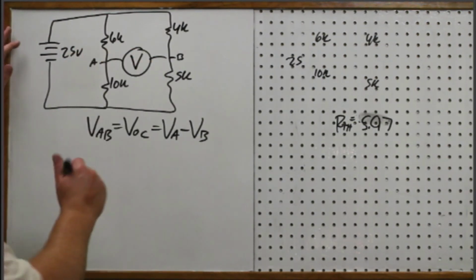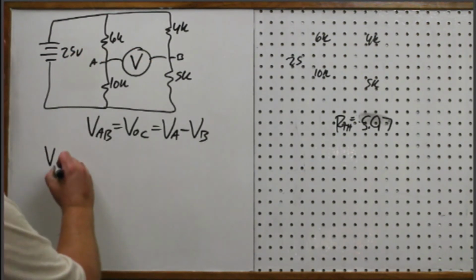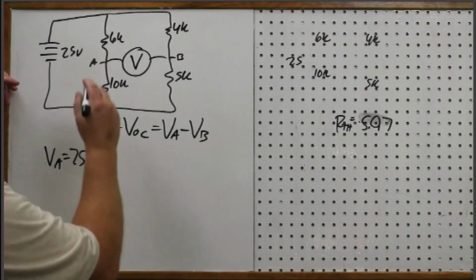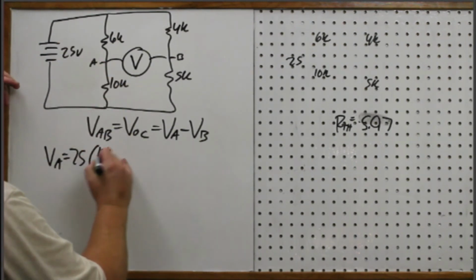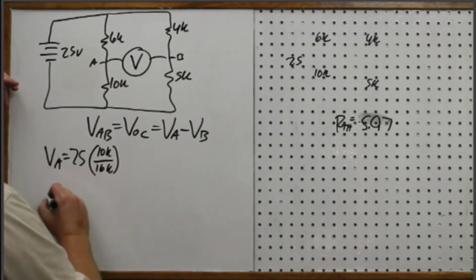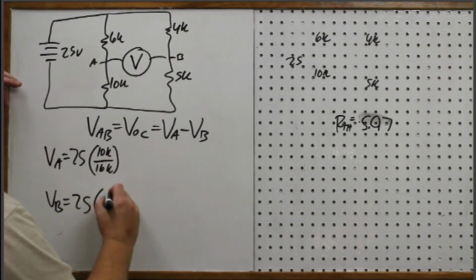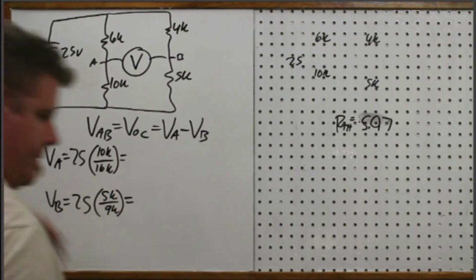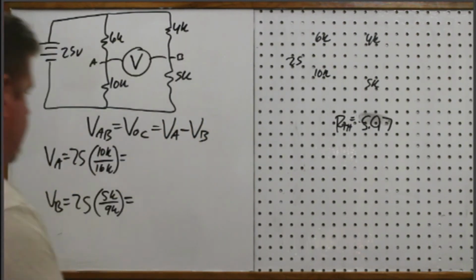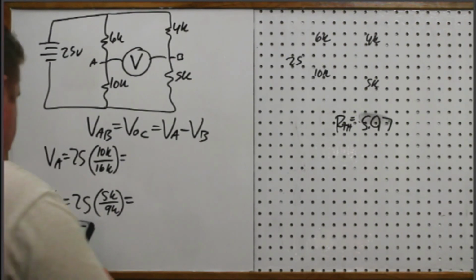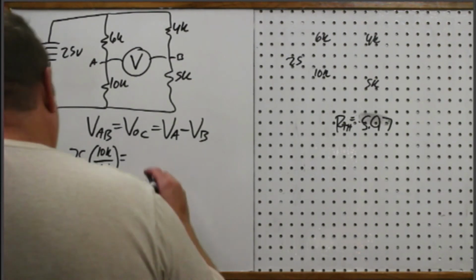So we just have two voltage divisions here. We have VA equals 25 times, now this time it's 10K over 16K, and VB is going to be 25 times 5K over 9K. Just two simple voltage dividers. 25 times 10 divided by 16, we'll call it 15.6.